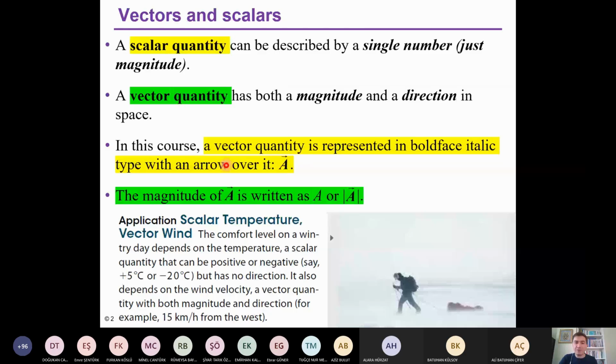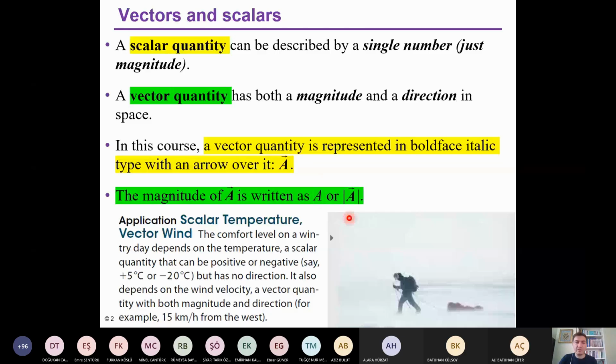So within the book, Young and Freedman, and also within the lecture notes, transparencies in that course, we will use a vector quantity which is presented in boldface italic, bold with an arrow over it. You see this arrow here. And the magnitude of this vector is shown by italic without arrow or with this symbol.